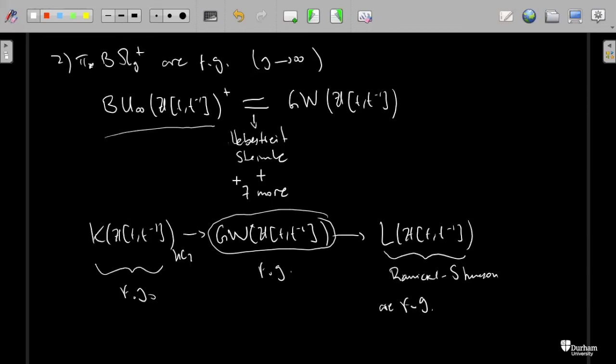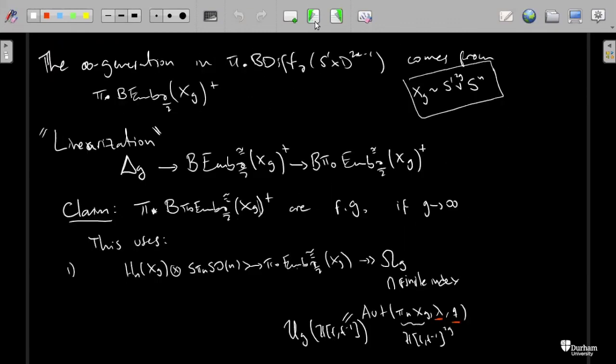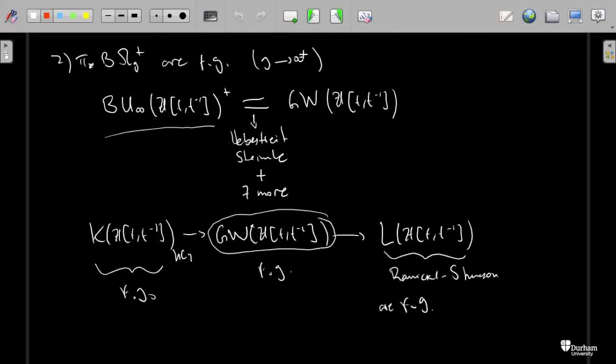So then the conclusion, if we go back here, is that the infinite generation in this space has to come from this homotopy fiber, right? So the next thing is to explain how that is done.